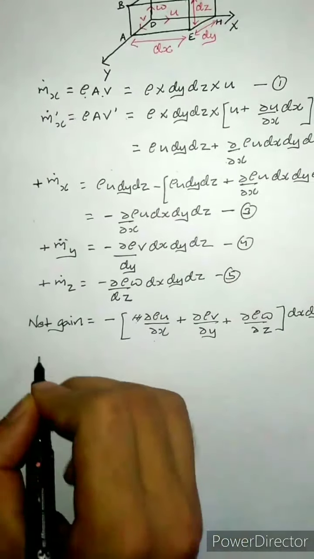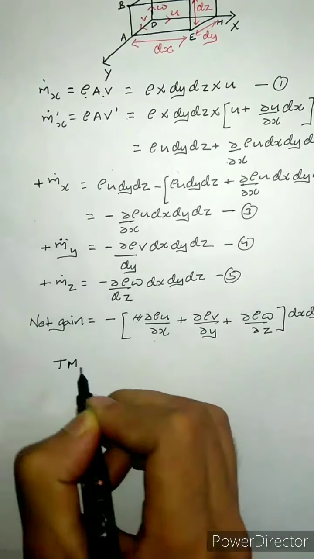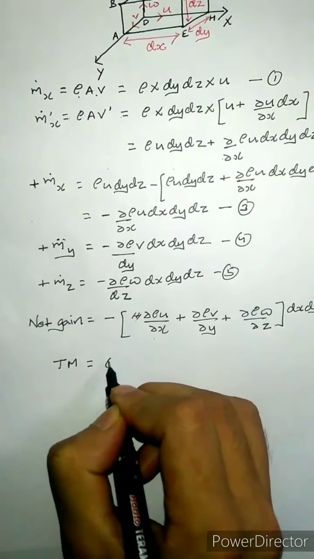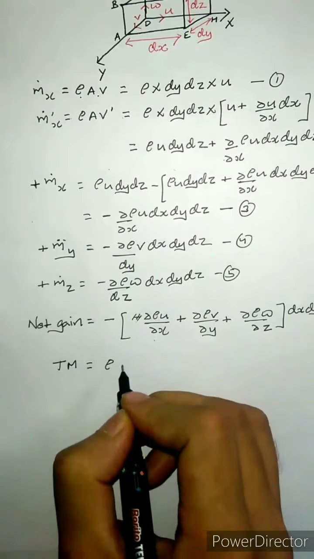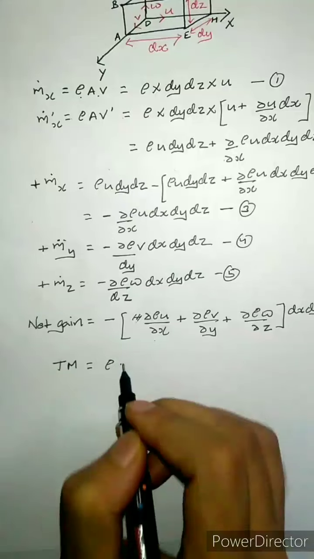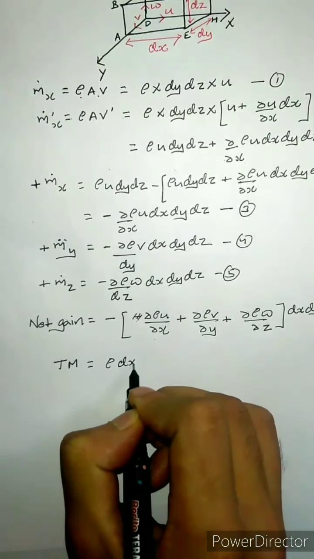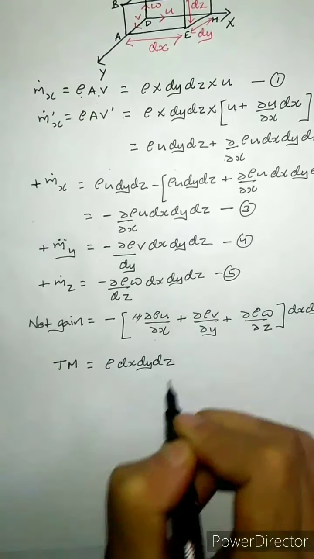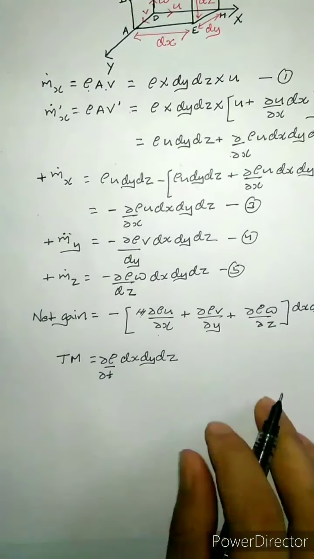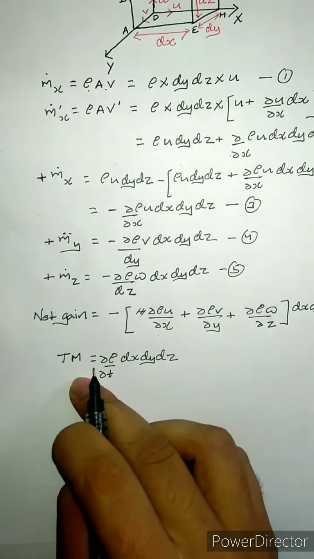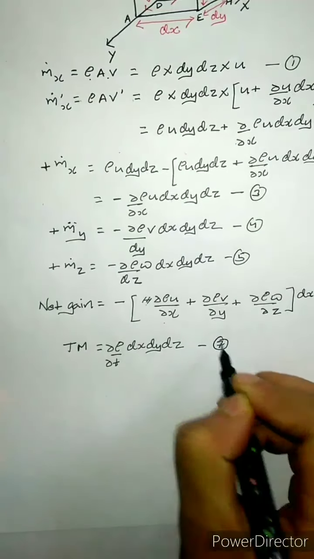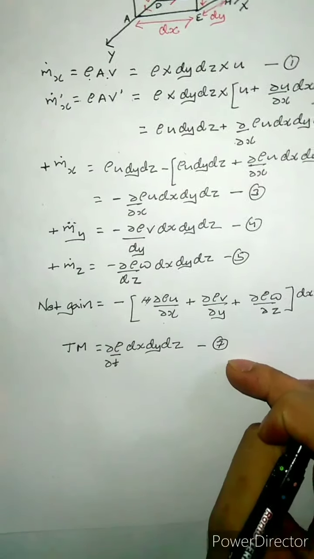The total mass increase in the cuboidal element per unit time is rho, density, into volume dx dy dz, per unit time t. So this net gain is equal to the total mass gain of the cuboidal element. This is the seventh equation, so the sixth equation is equal to the seventh equation.